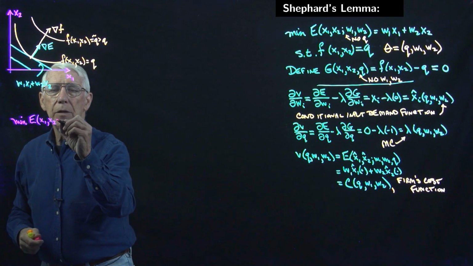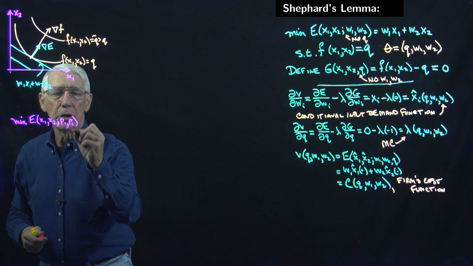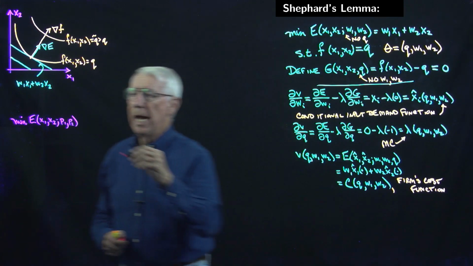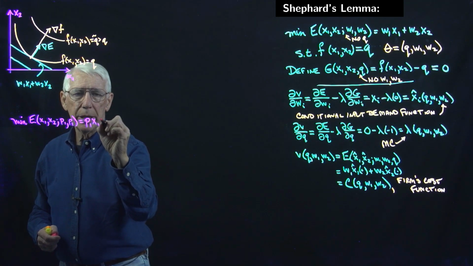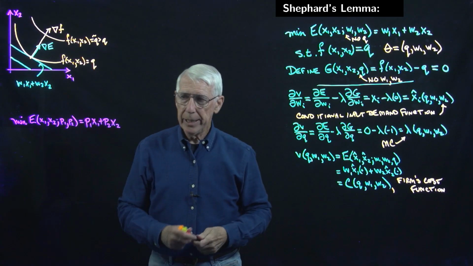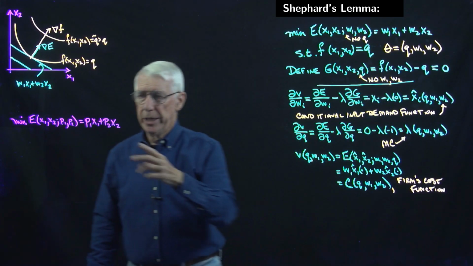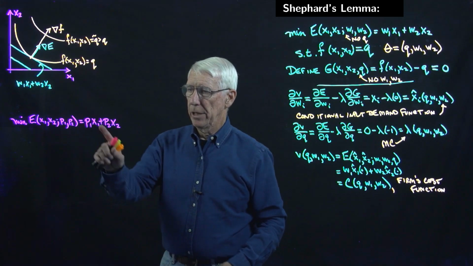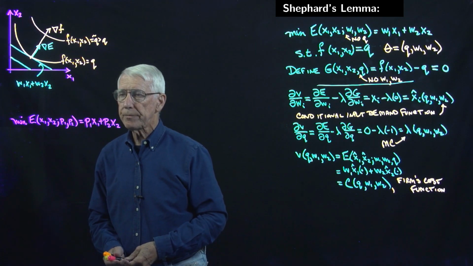The parameters here are going to be the prices of the consumption goods, just as the parameters here were the prices of the inputs. And of course, this is going to be P1 X1 plus P2 X2. So clearly, just as we assumed that the firm was a price taker in the input markets, here we're assuming that the consumer is a price taker in choosing its purchases.